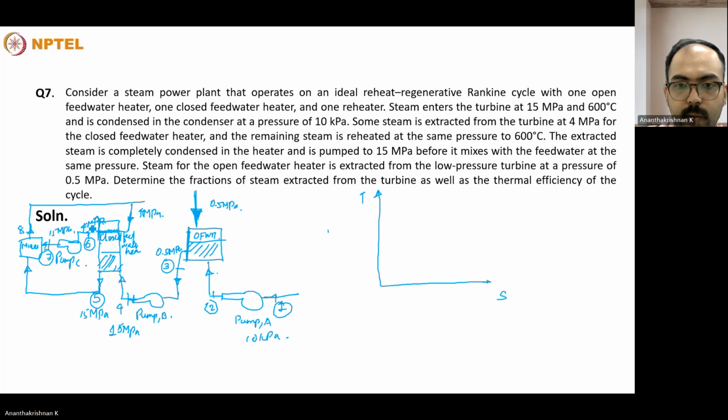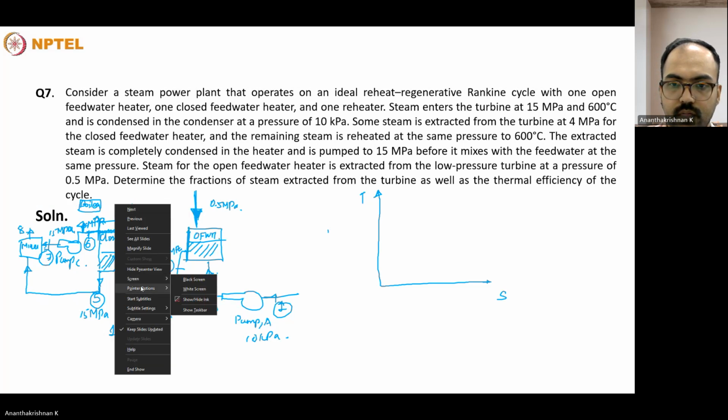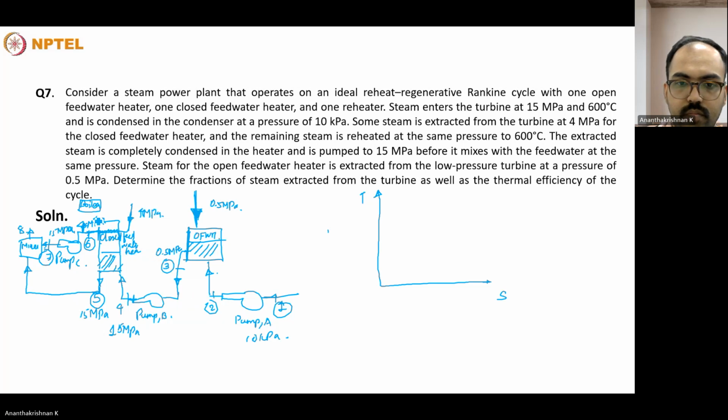And then that will be taking in the heat, going into the boiler, and then at the exit of the boiler there will be a portion that will be going into the high pressure turbine.